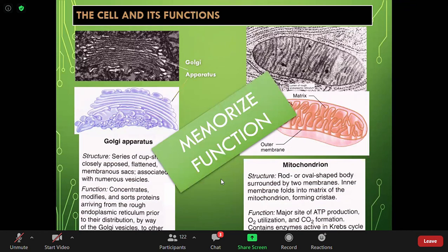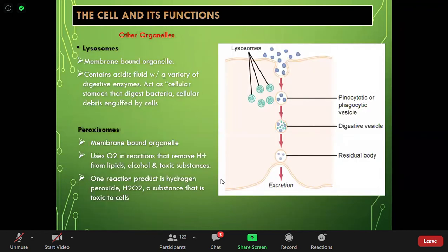Your lysosomes, peroxisomes. You have your nucleus, nucleolus. You have your endoplasmic reticulum, your ribosomes. Then you have your Golgi apparatus.